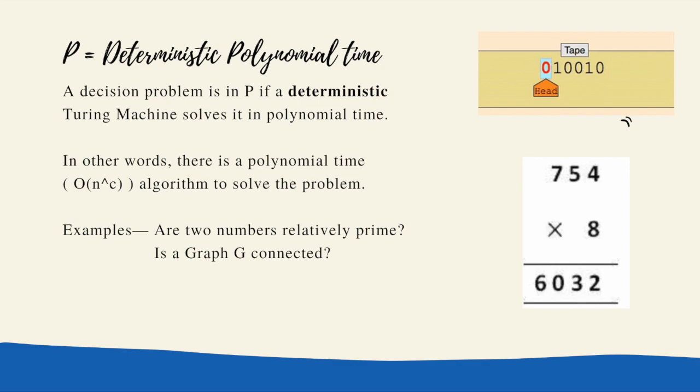P is a decision problem, and note what a decision problem is. A decision problem is a problem with a zero or a one, or a yes or no answer to it. For example, is my given number a prime number? So it has a yes or a no answer.